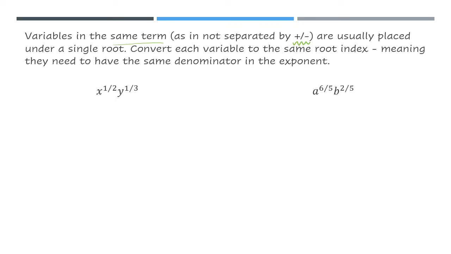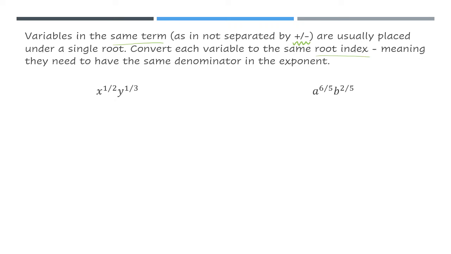If the variables are in the same term, multiplied together, we try to get them underneath the same radical sign, or a single root. So we want to convert the variables so that they have the same root index, the same number in front of the radical sign.